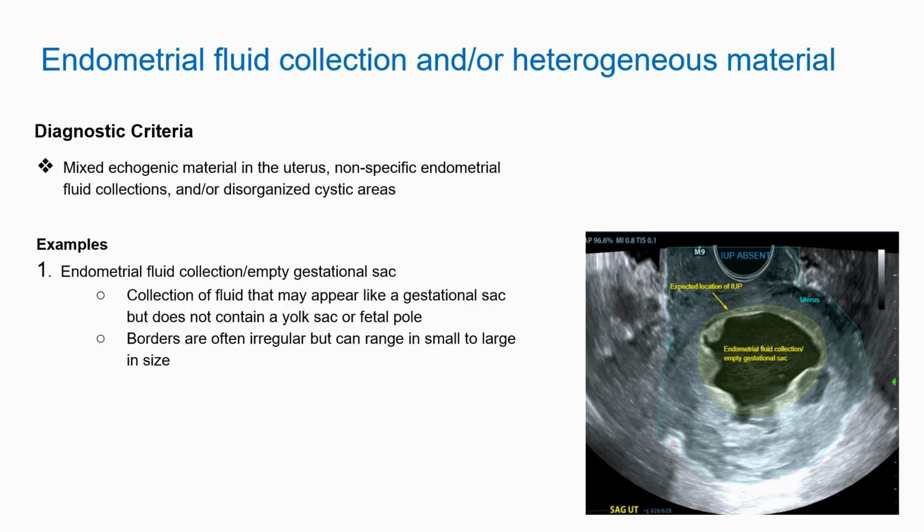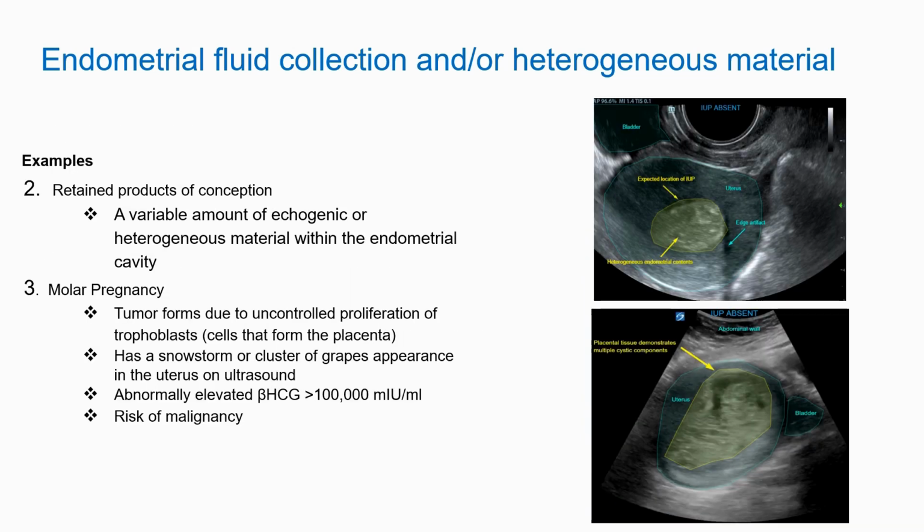An endometrial fluid collection or heterogeneous material includes mixed echogenic material in the uterus that is nonspecific fluid collections and/or disorganized cystic masses. Examples include endometrial fluid collection or an empty gestational sac. It could also indicate retained products of conception or a molar pregnancy.